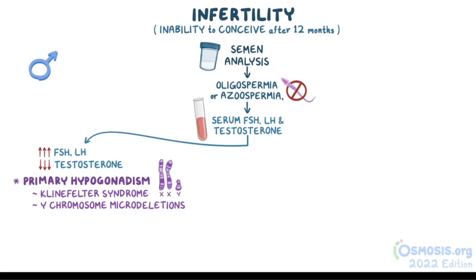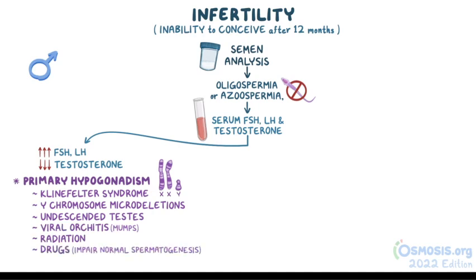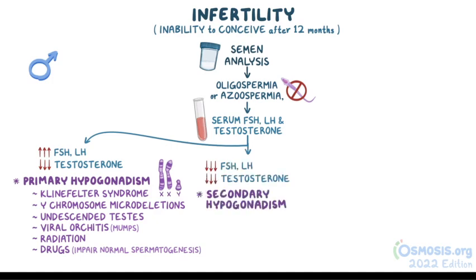Other causes include a history of undescended testes, viral orchitis, especially in the context of adult mumps, radiation in the testicular area, or drugs that impair spermatogenesis. Low FSH, LH, and low testosterone suggest secondary hypogonadism, and the most common cause is a pituitary macroadenoma.